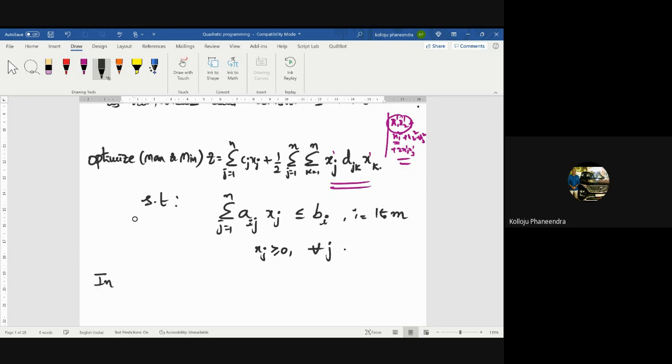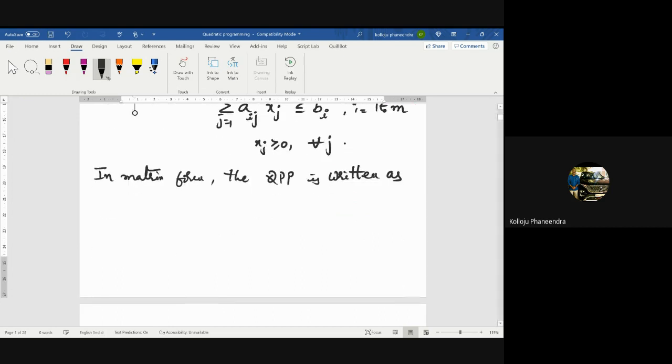In matrix form, the quadratic programming problem may be written as: optimize z equal to the linear function, which I can write as Cx in matrix form, plus 1 by 2.